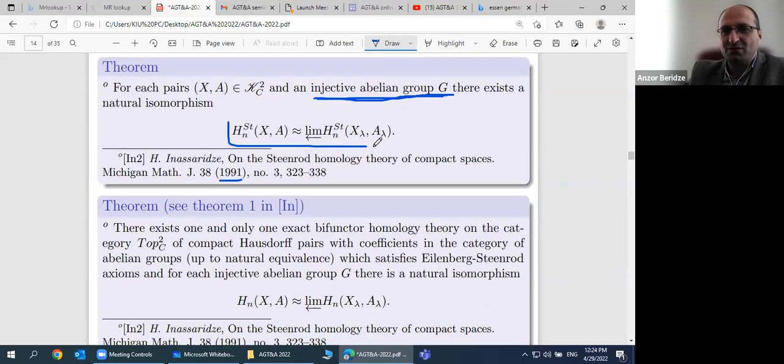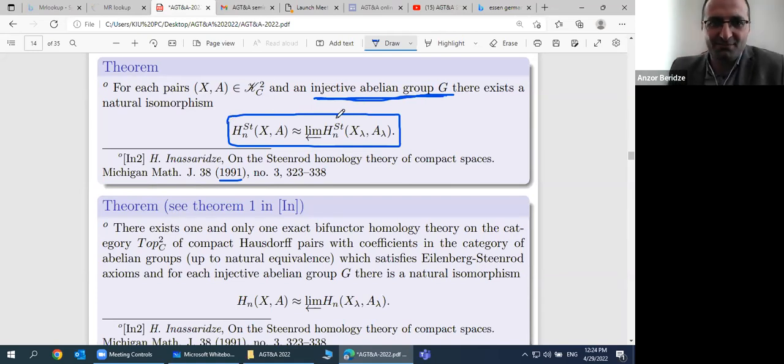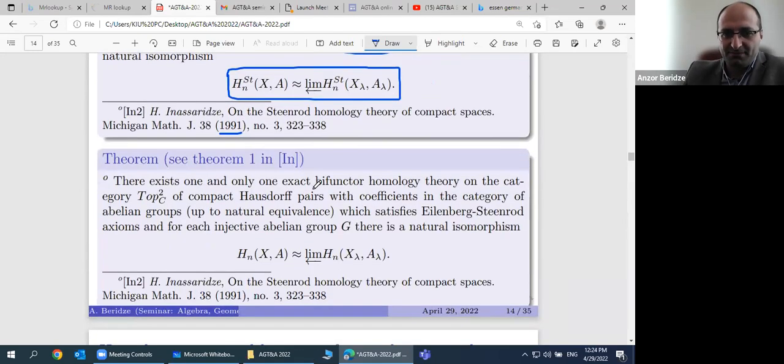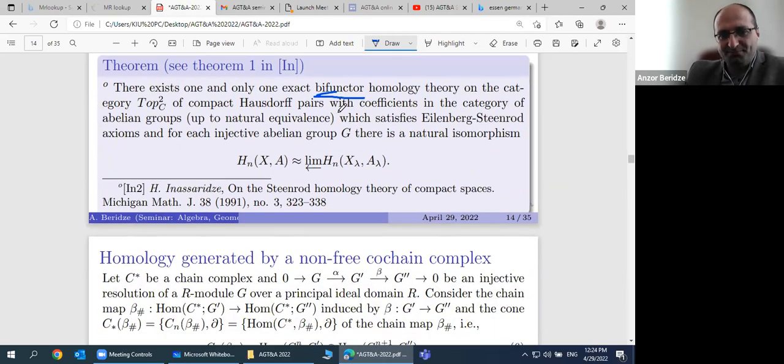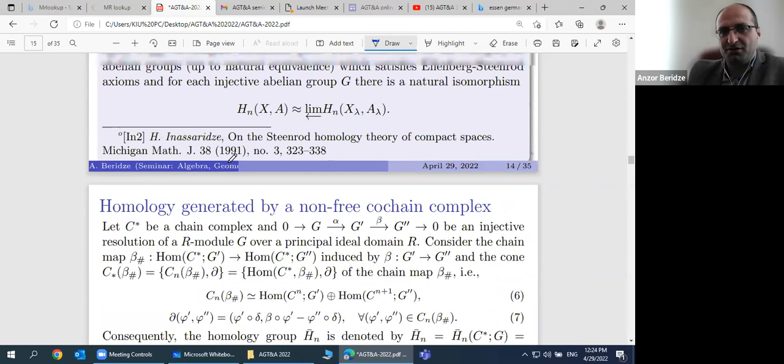And this isomorphism only for injective abelian groups is enough to prove uniqueness theorem, but homology theory must be a bifunctor. This must be a functor with respect to coefficient group, but this is not a big restriction because any homology theory is a bifunctor, and so Anzor Beridze obtained uniqueness theorem for exact homology theory.